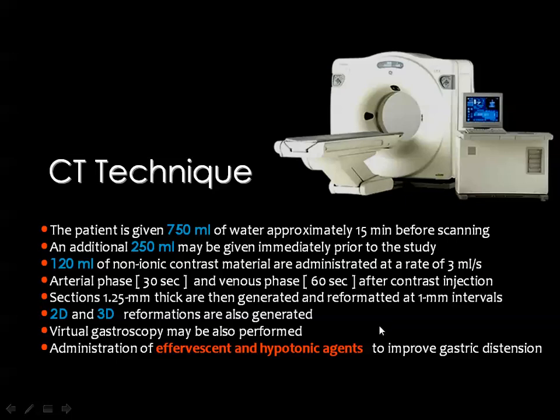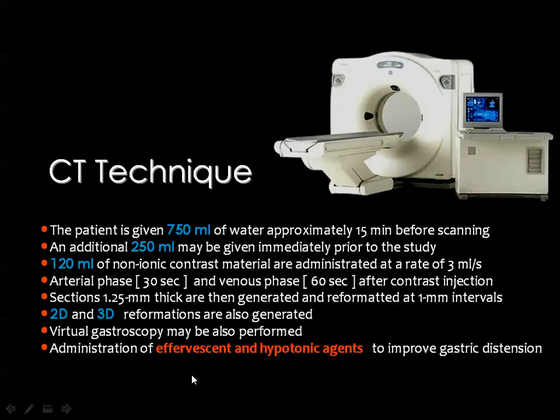But water is one of the good contrast media here, and we usually administer about 750 milliliters of water before the examination, and we may add some water while the patient is on the examination table. Also, we need to inject intravenous contrast material. We need to ensure adequate gastric distension.